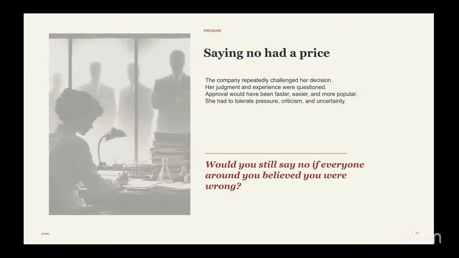Because we all know that saying no when everyone around you agrees with you is easy, but the difficult kind of no is the one you have to maintain even when everyone around you disagrees, or when your senior or your colleagues are disappointed in your judgment.